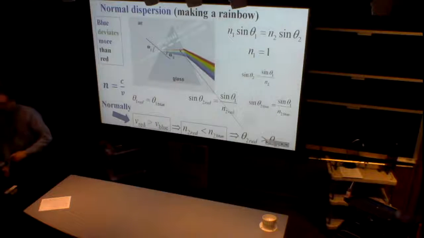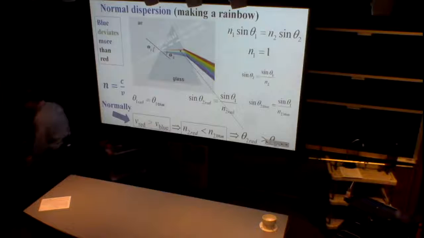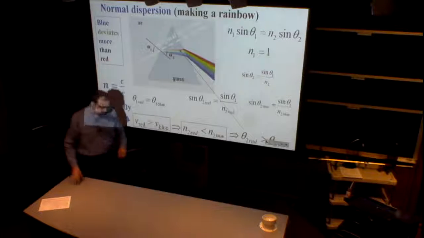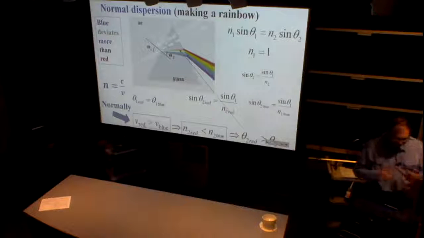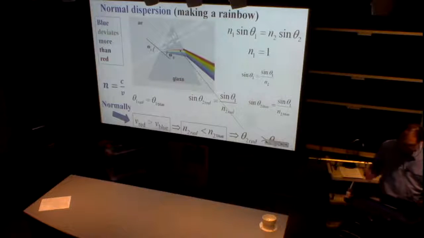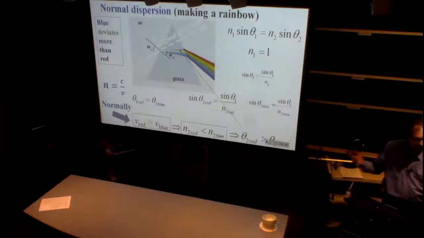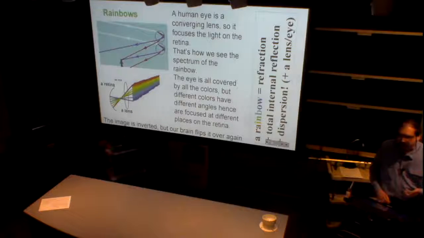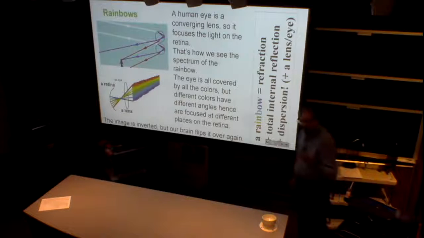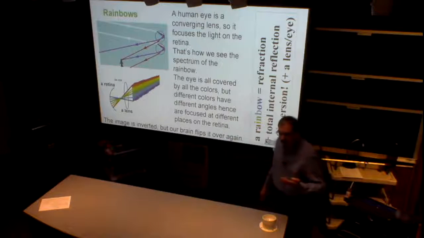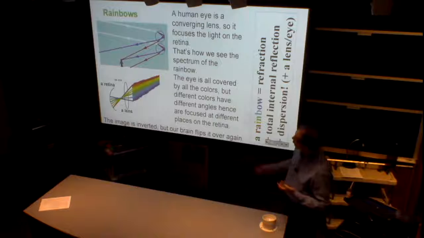This is what we call normal dispersion. In certain circumstances, in gases, the anomalous behavior might exist, but for the normal dispersion, that's always the case. And the rainbow actually is a very complicated physical phenomenon. It involves several optical laws. First of all, refraction happens.